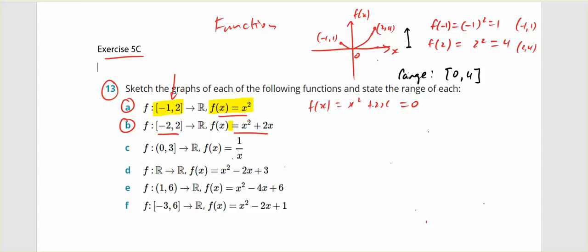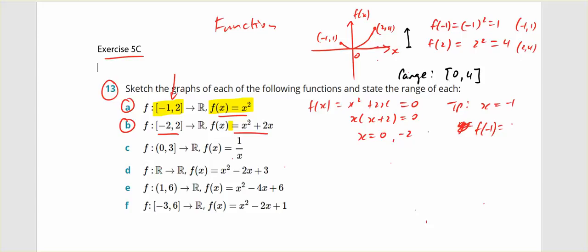Factorize it, because I want to use the null factor law to find the actual intercepts. I know my x-intercepts are at 0 and -2. For my turning point, I know that the average of the two values is my x turning point, so it's -1. To find the y turning point, I'll go f of -1.